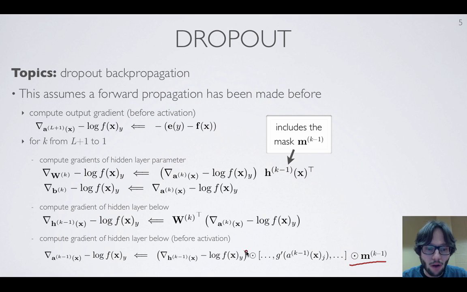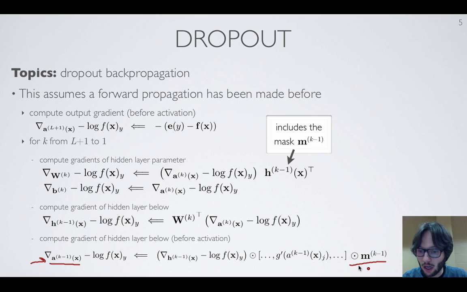Then when we're backpropagating the gradient up to the pre-activation, because of the chain rule, we also need to multiply by the mask vector. And so this means that at this level, many of the gradients will actually be set to 0. So there won't be a backpropagation that flows through. So no gradient will go through a hidden unit that has been dropped out.